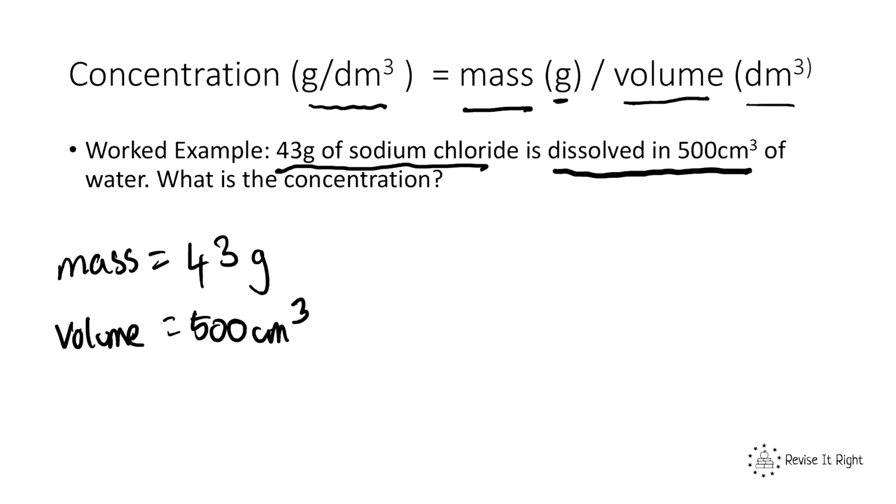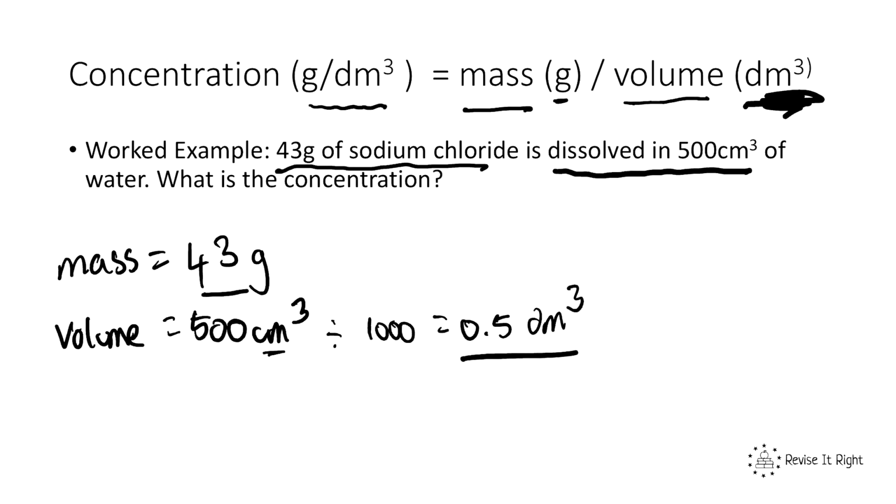However, our volume needs to be in decimeters cubed, so we need to convert. To get from centimeters cubed to decimeters cubed, we divide by 1,000. So 500 divided by 1,000 gives us 0.5 decimeters cubed. So our mass is 43 and our volume is 0.5 decimeters cubed.